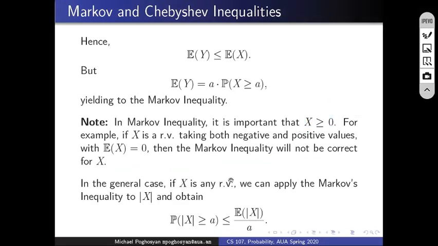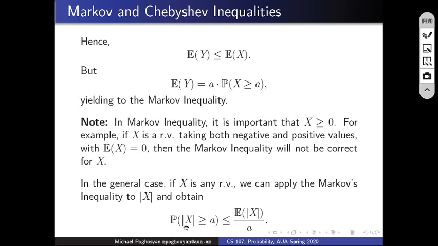Okay. So if we want to use Markov inequality for any random variable taking both positive and negative values, what we are doing, we are plugging instead of x in our Markov inequality the absolute value of x. So we are using Markov inequality for the absolute value of x.